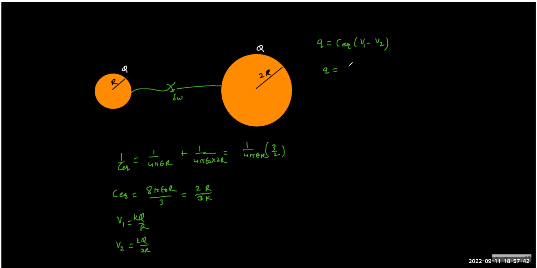So the answer is 2R by 3K. 2R by 3K. Q by 3.